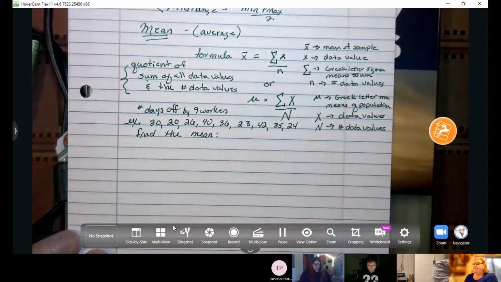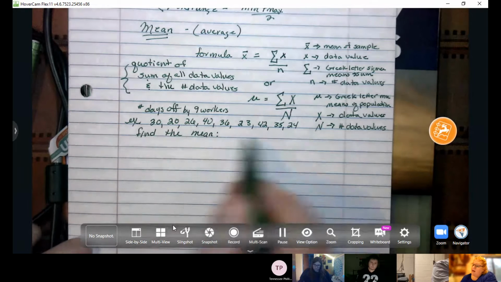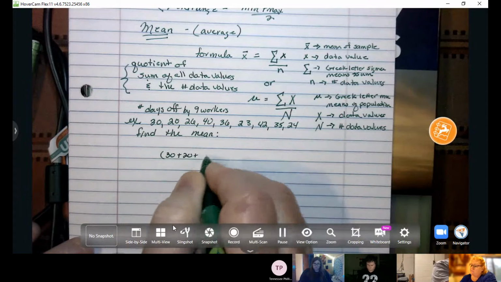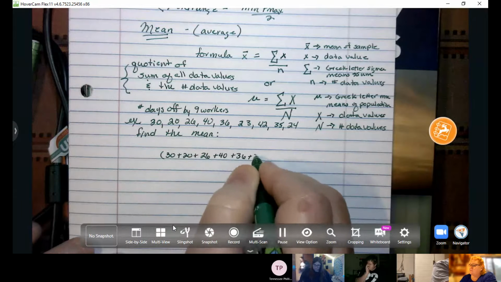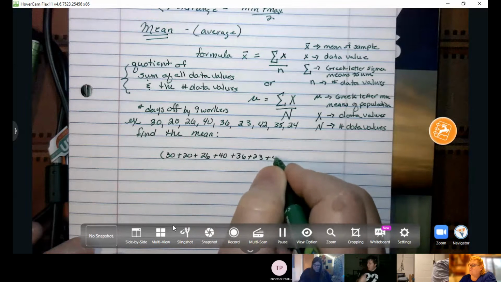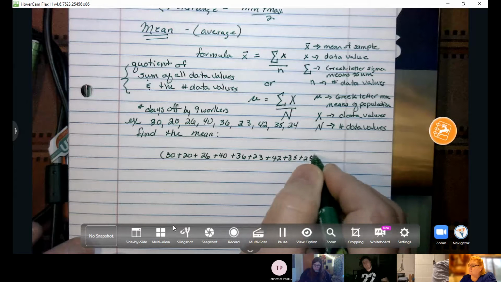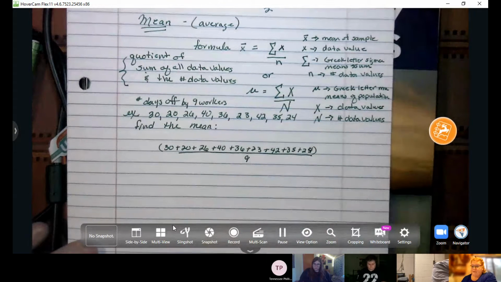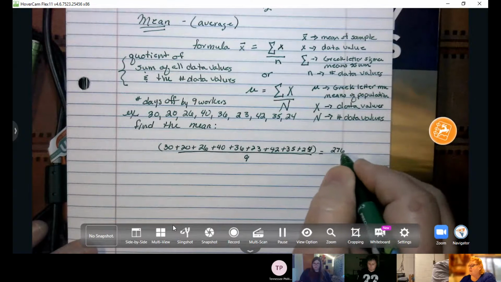And we want to find the mean. So using our formula, we would add all of these values up and divide by the number of items. So when we add them all up, we get 276.